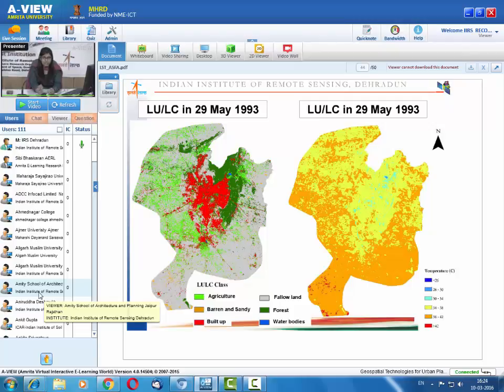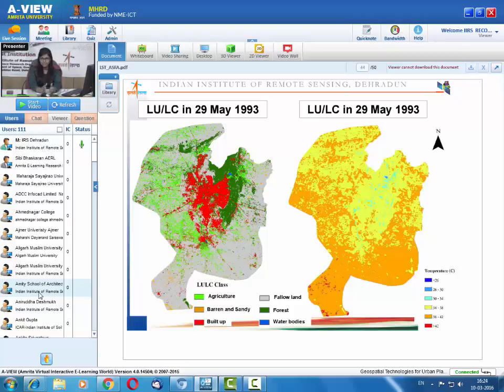However, the minimum and maximum may vary, but I've tried to keep lowest and highest of the similar range and similar intervals, so that the same area can be related, that yes, this area was 26 degree and in 2011 this area has become 27 degree.